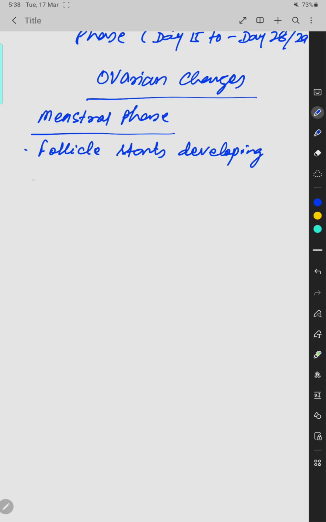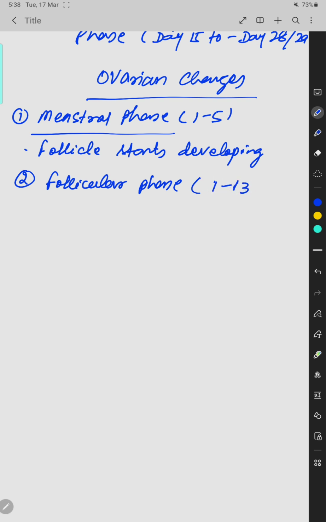The next phase is the follicular phase. The menstrual phase is 1 to 5 days. The follicular phase is day 1 to 13.